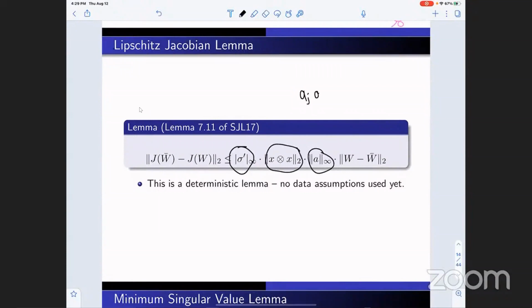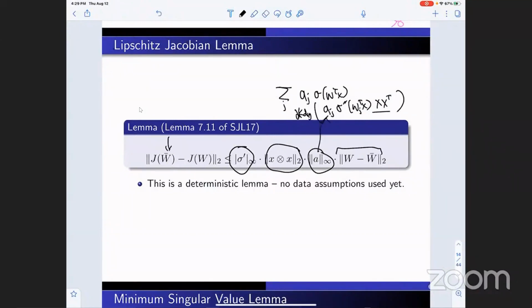Remember, my network looks like this. So you can see that this looks like the Hessian, right? Because if I took two derivatives of this with respect to W, I get something that looks like this on the blocks. And the Lipschitz constant of the Jacobian is just the Hessian. You can see this looks exactly like the norm of the Hessian, right? You have x Kronecker x, that's this.